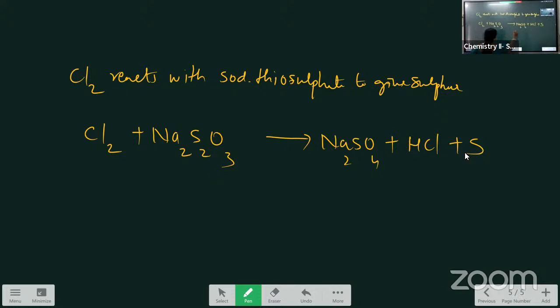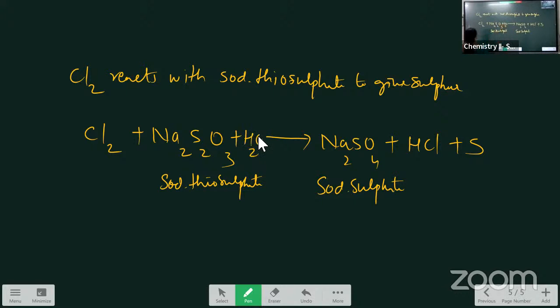So this is sodium sulfate. So this is sodium thiosulfate. Okay. So Cl2 reacts with sodium thiosulfate to give sulfur. So here this reaction requires water molecules. Okay. So chlorine reacts with sodium thiosulfate. Na2S2O3 is called sodium thiosulfate, to liberate sulfur. This is our major product.